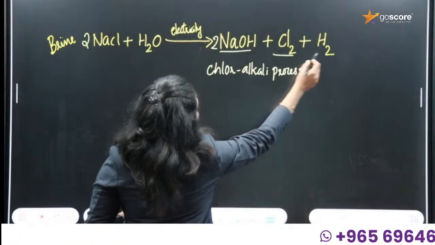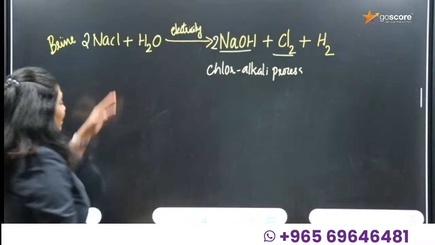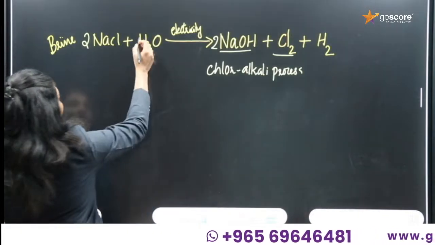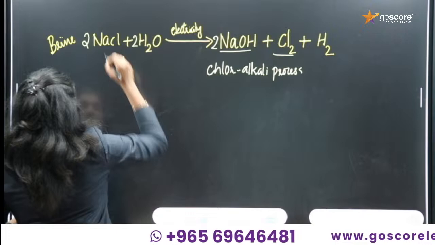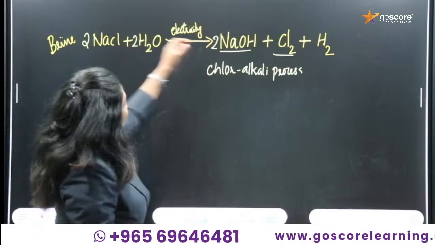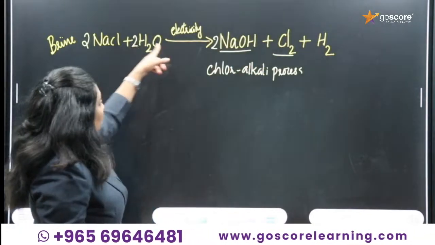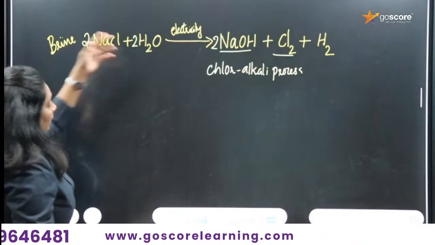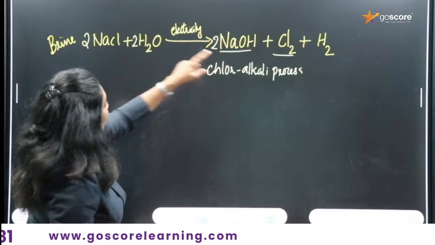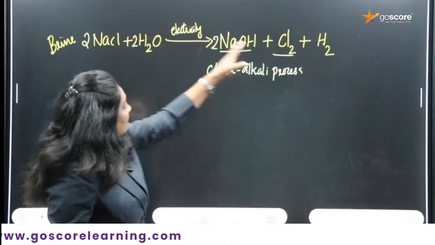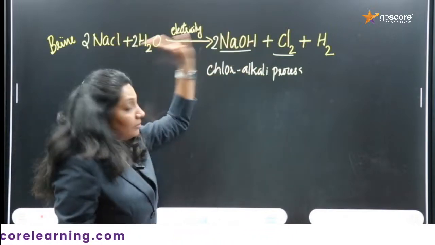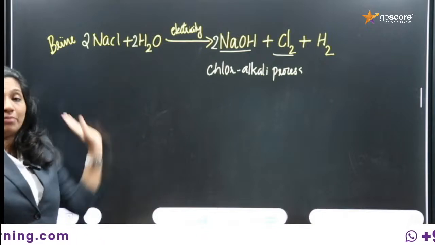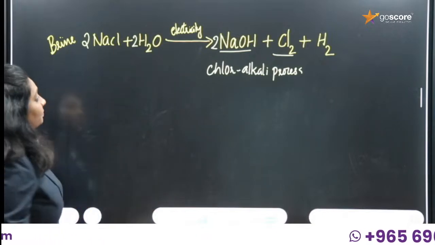We have 2 2s are 4 hydrogen. On the left side we have only 2 hydrogen. So put a coefficient 2 here. Now we have 4 hydrogen, 2 oxygen on the right side, right? So 2 sodium, 2 chlorine, 4 hydrogen, 2 oxygen. Now it is a balanced reaction, right?